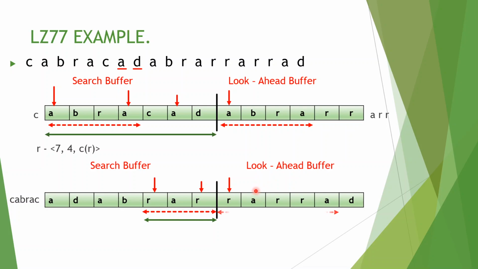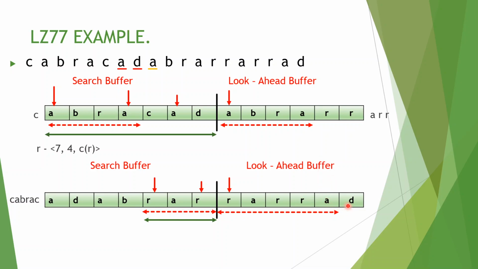So see, here R A R, after R is matched with this symbol R, and after that A is matched with this symbol A. So we consider the length of match 1, 2, 3, 4 and 5 from the look ahead buffer.